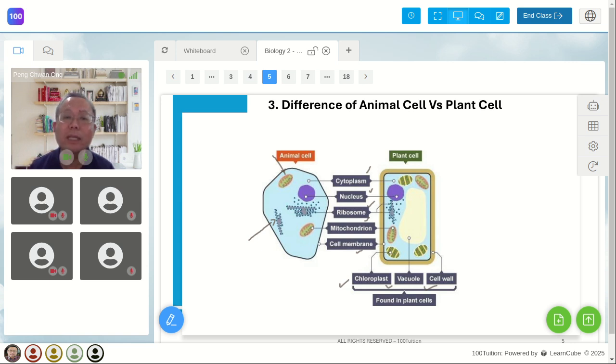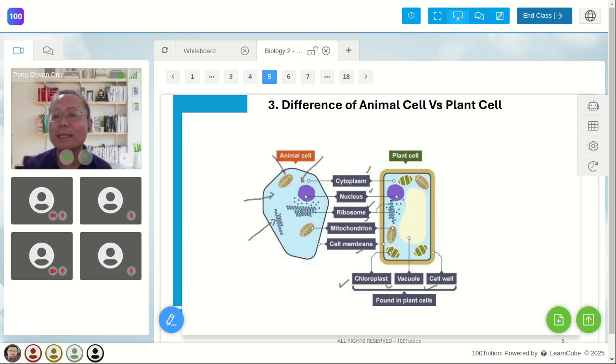Usually the circle one will be your nucleus, the jelly-like substance will be your cytoplasm, and the external will be your cell membrane. So I hope by this, you'll be able to recall anytime, anywhere, about the animal cell and the plant cells.